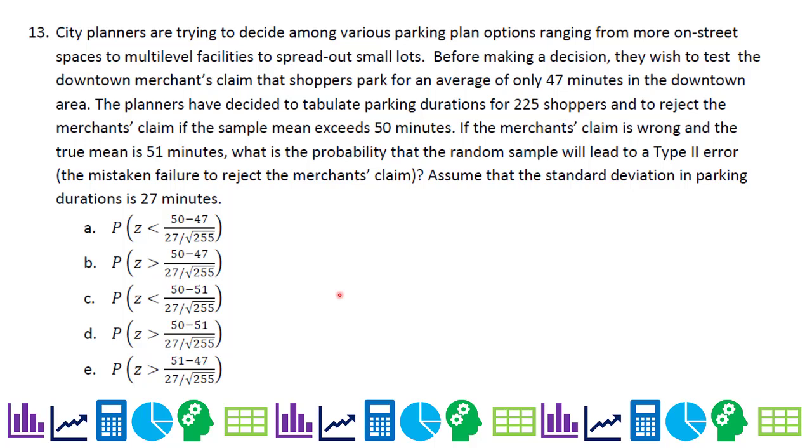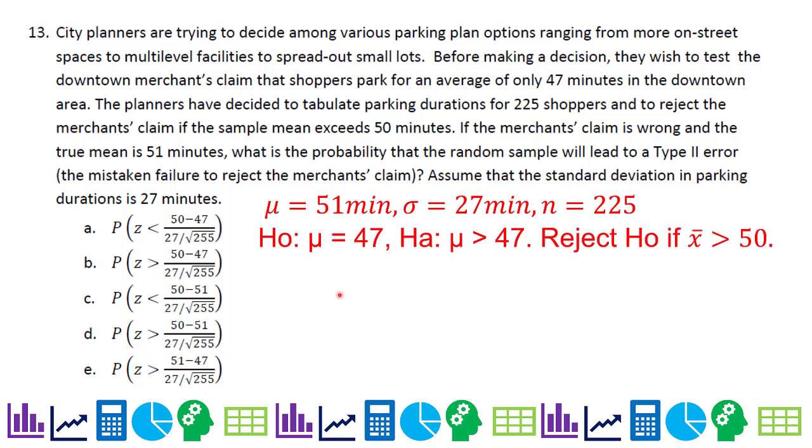And we're going to assume that the standard deviation in parking durations is 27 minutes. So the true values are 51 minutes, 27 minutes for standard deviation, and we're going to take a sample size of 225. Our null is that it's 47 minutes, and our alternate is that it's more than 47. We'll reject H naught if X bar, if our mean value is greater than 50, right? Because he said if it exceeds 50 minutes.